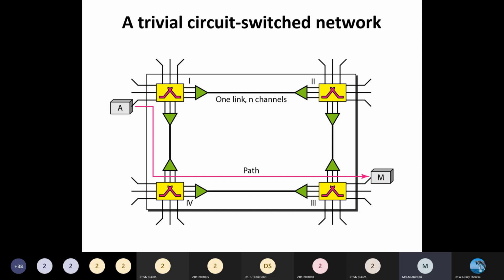So if A needs to request the connection to M, first of all it needs the connection, and M must be accepted by all the switches as well as by M itself. The second phase is data transfer, where the connection is established and data goes from one to many. After that the data is transferred.